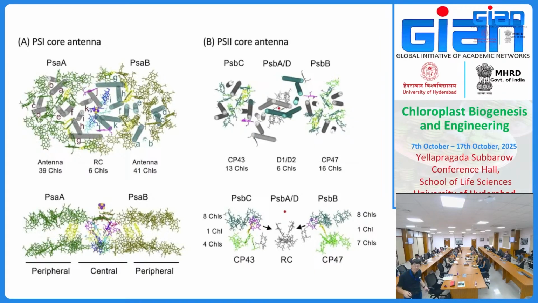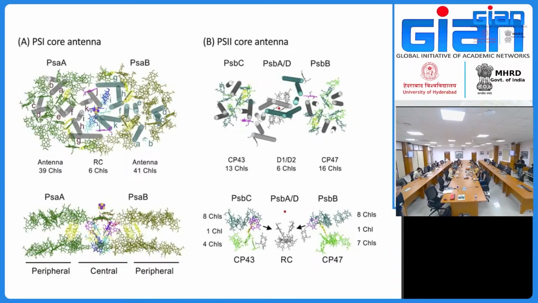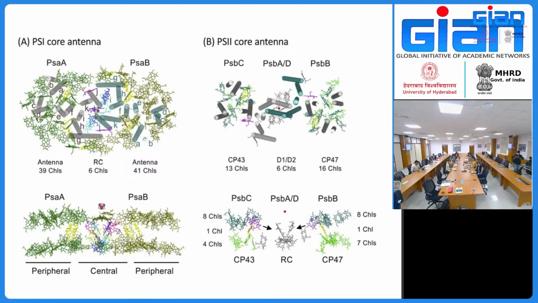This PSAA is about 70 or 80 kilodalton. PSAB is the same size. And PS2 reaction center is the D1-D2 heterodimer, and core antenna CP43 and CP47 are present. That is core antenna.